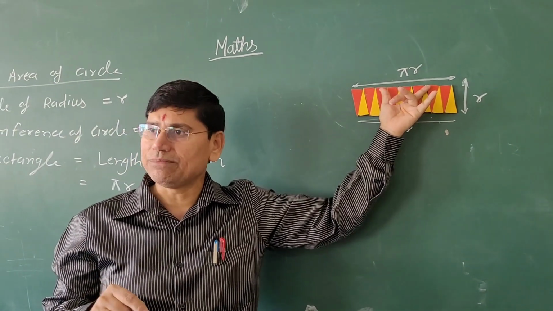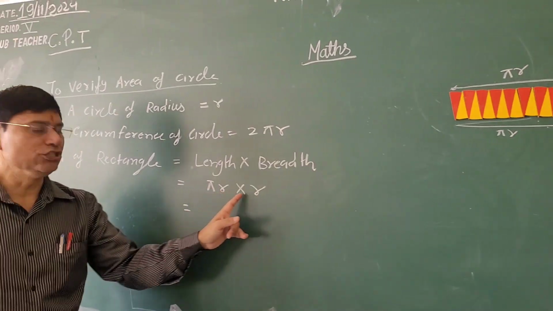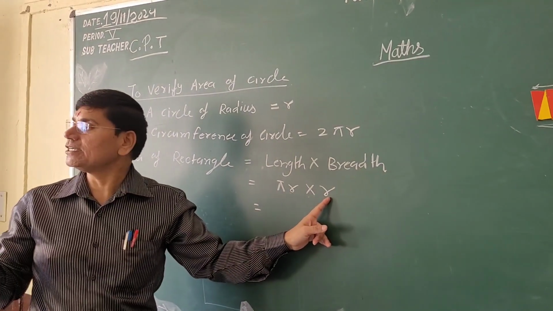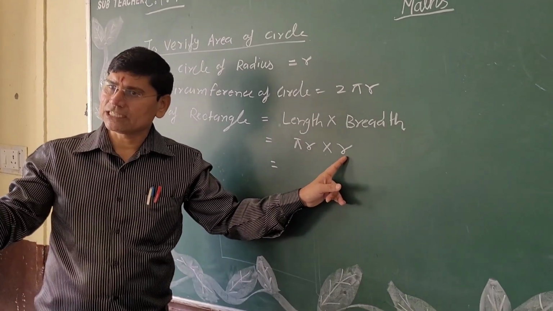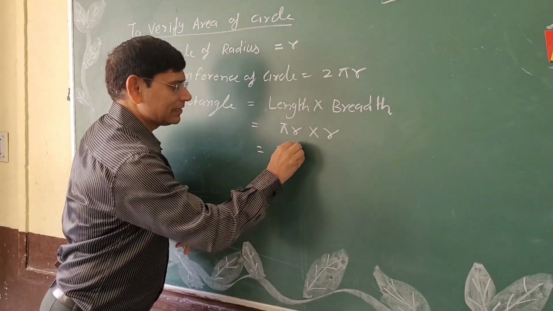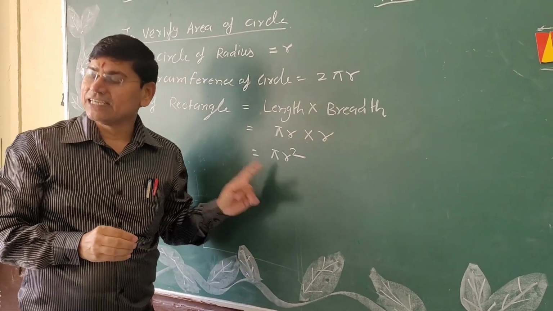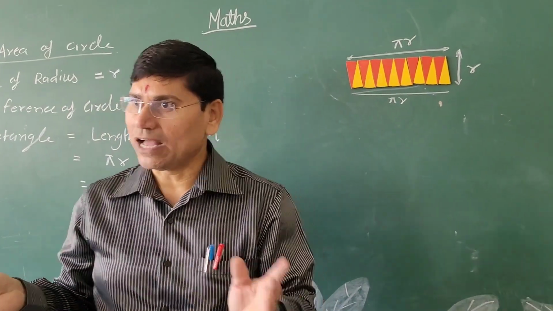This is also known as perimeter. Okay, so pi r into r, how much is it? Pi r square. Say loudly. Pi r square, and this is the area of the circle.